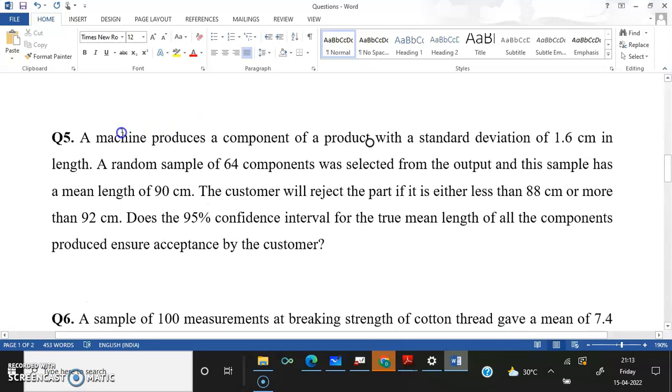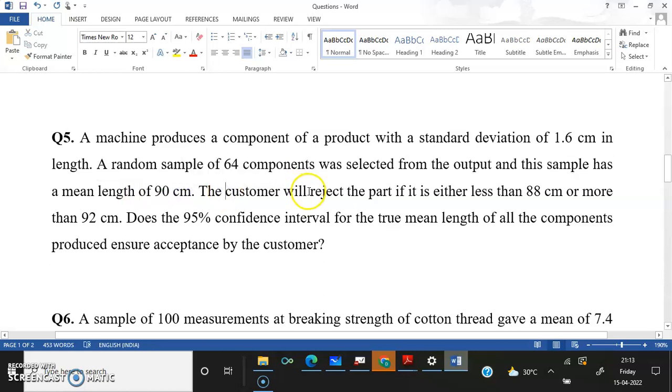A machine produces a component of a product with a standard deviation 1.6 centimeter in length. A random sample of 64 components was selected from the output, and this sample has mean, sample mean is 90 centimeter.